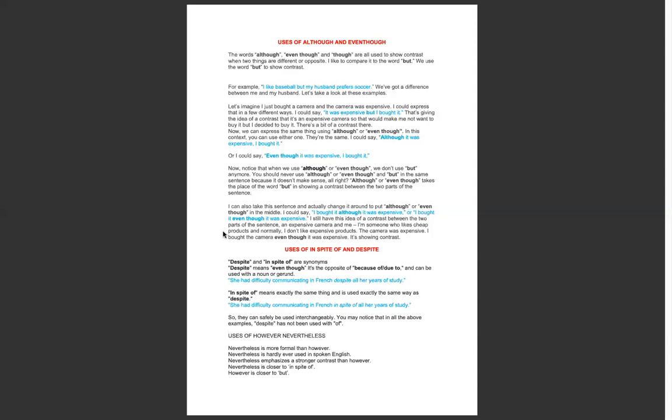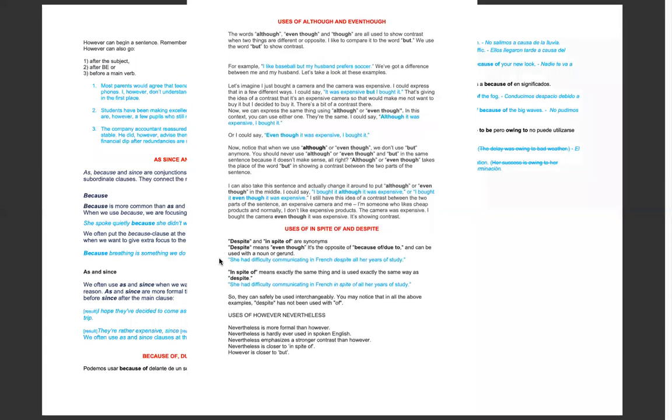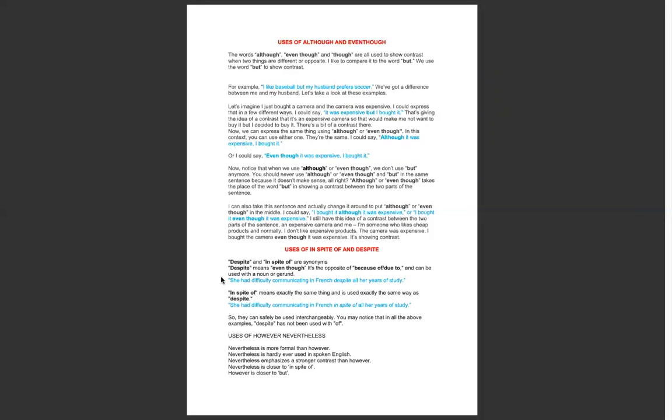I am someone who likes cheap products, and normally I don't like expensive products. The camera was expensive. I bought the camera even though it was expensive. It's showing contrast, okay?